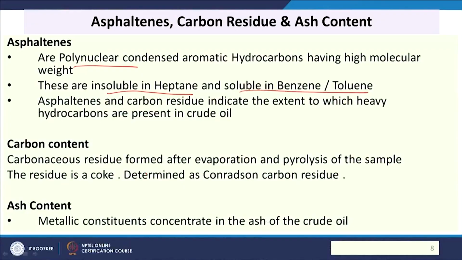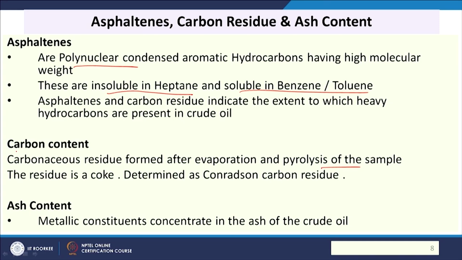Next is carbon residue. Carbon residue is a carbonaceous material. If we evaporate it and pyrolyze it at specific conditions, then some residue will remain. That residue is called carbon residue, and the condensation method is used.